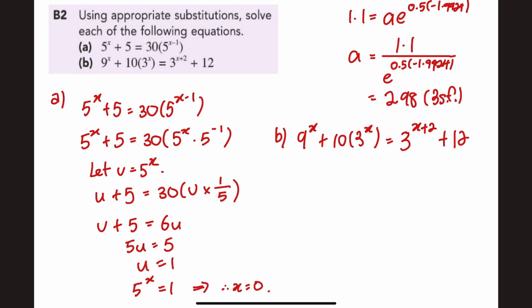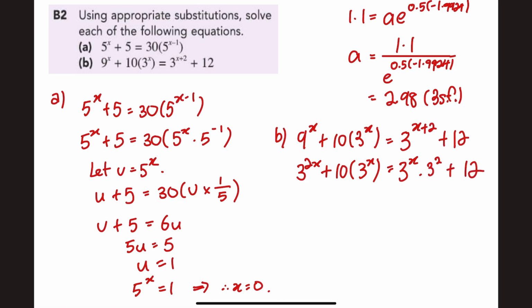Okay, so in this case over here, 9 power x is simply 3 squared, to the power x. This can be written as 3 power 2x plus 10 times 3 power x equals to, in this case here, I can split apart as well to make it easier to see how to use substitution. 3 power x times 3 squared plus 12.